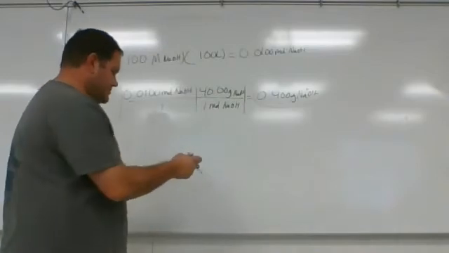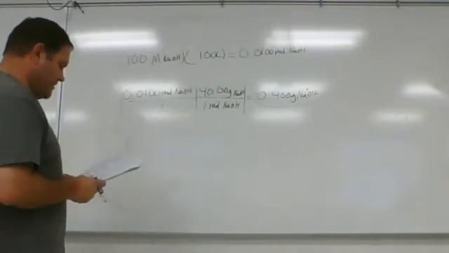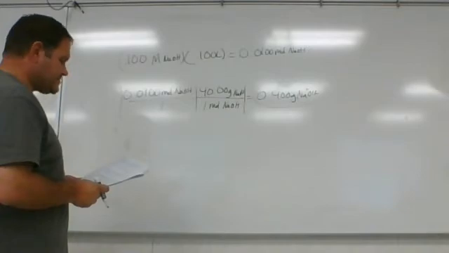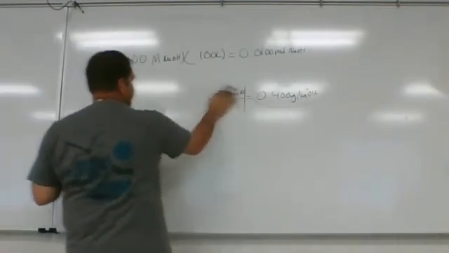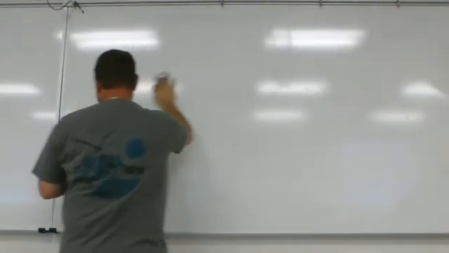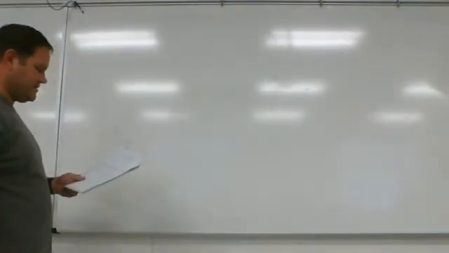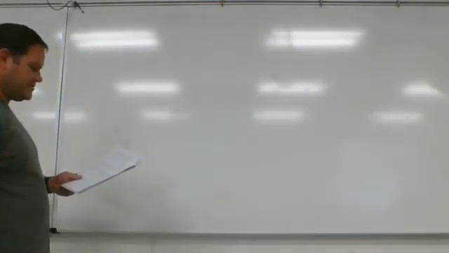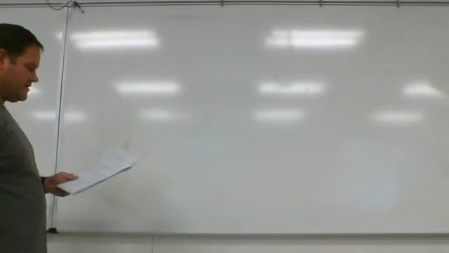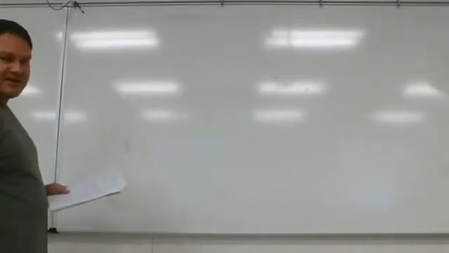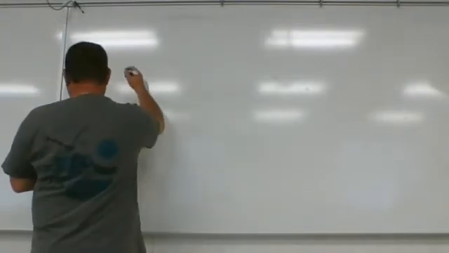Problem number 2 says that you need to make a solution of sodium thiosulfate. All right, so it says that we have a 250 milliliter solution of a 0.120 molar solution of hypo, which is sodium thiosulfate. So again, the mass.